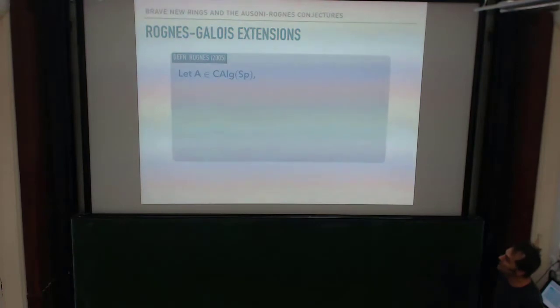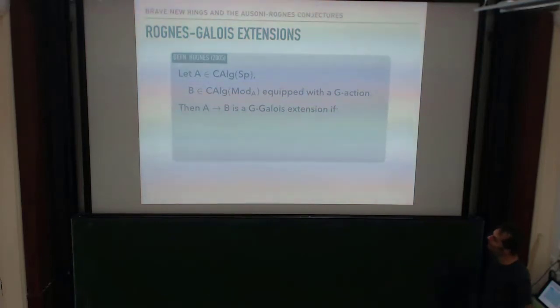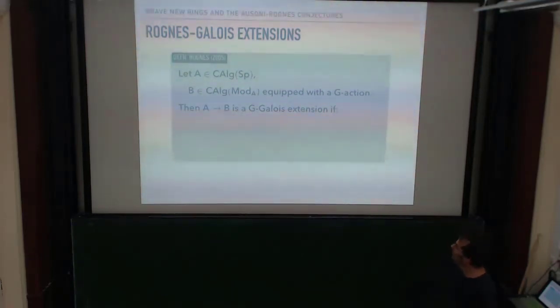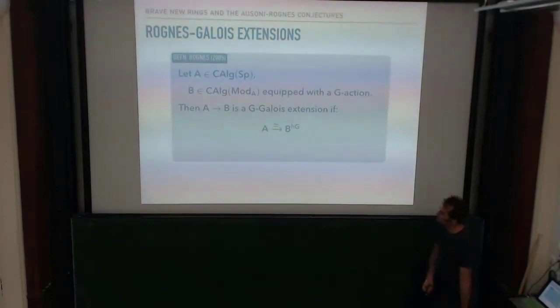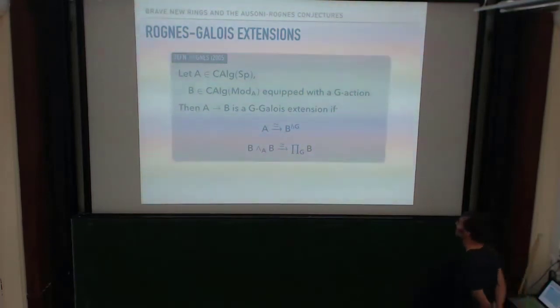So you take some E-infinity ring spectrum A, a commutative algebra, and a commutative A-algebra B equipped with a G action. Again, G was always finite. We're only going to do finite things. Then we say that this is a G-Galois extension if the induced map to the homotopy fixed points is an equivalence, and if I restrict to A-modules and induce back up, then I get a B-module with a G action, and it should be equivalent to this co-induced G-module.